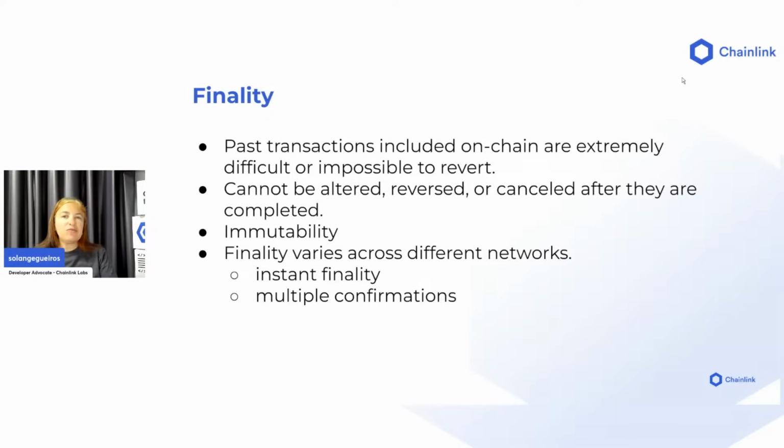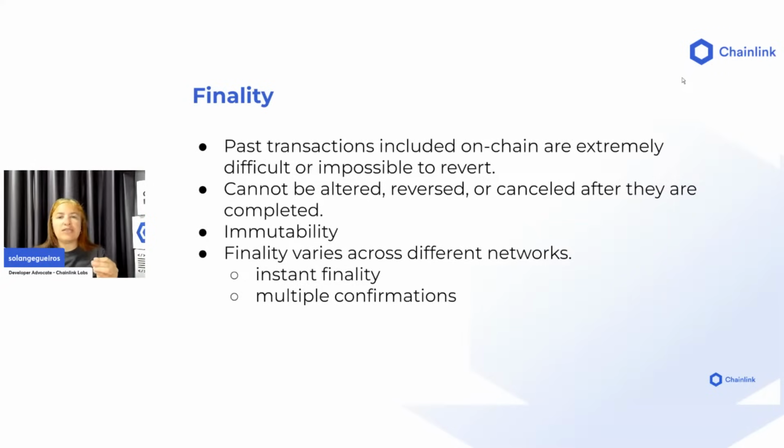Also, if you convert this to time, this will also depend on the network, because if you talk about Ethereum, we are talking about 15 seconds. If you talk about Polygon, some seconds. If you talk about Avalanche, sometimes I get 4 blocks per second.